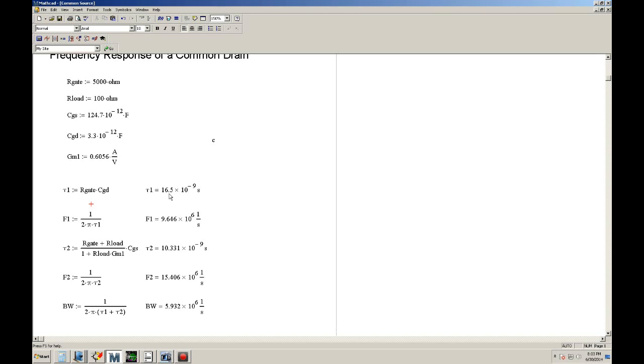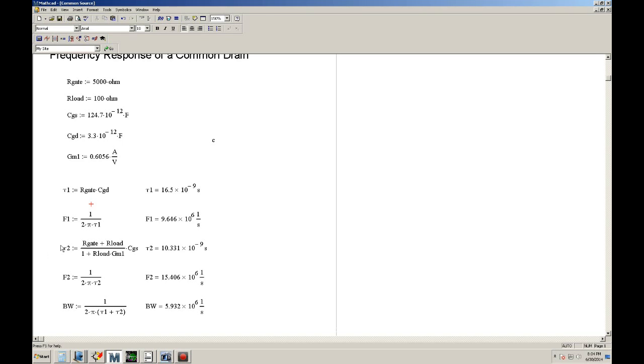Okay, and that gives you a time constant of 16.5 nanoseconds. And if you want to, you can plug this into 1 divided by 2 pi tau, and it gives you a frequency. So it tells you that CGD has a break point of 9.6 megahertz.